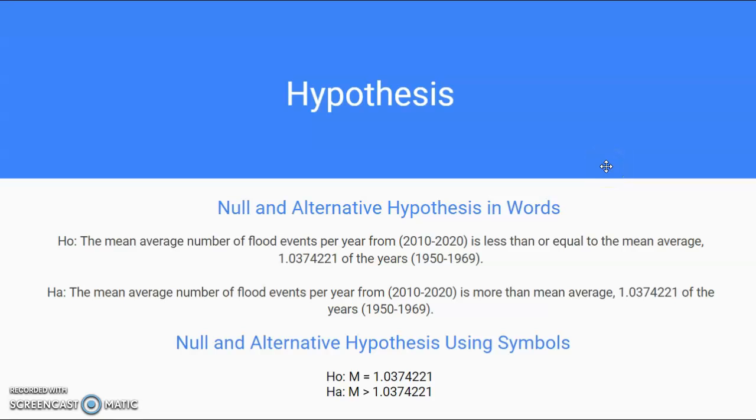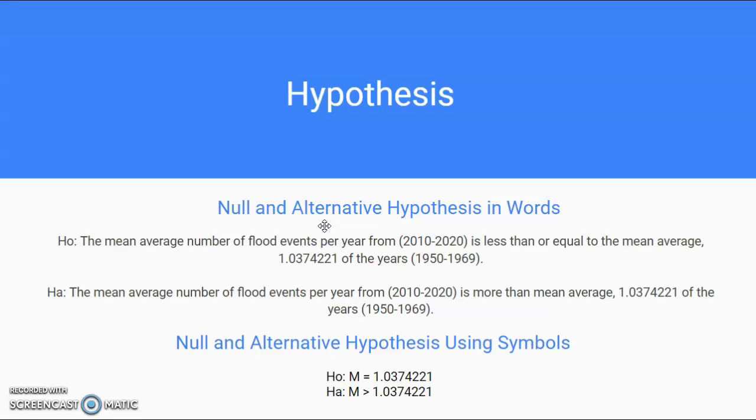For my hypothesis here, we got our null and alternative hypothesis in words. So I have: the mean average number of flood events per year from 2010 to 2020 is less than or equal to the mean average, and so I use the 1.0374221 from the years 1950 to 1969.